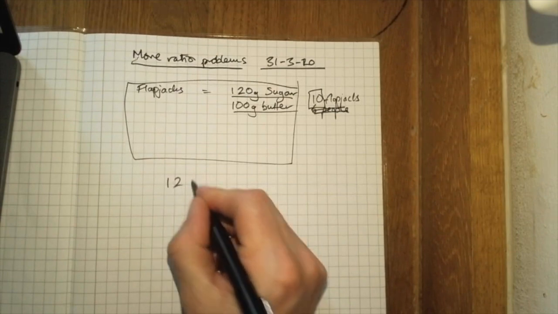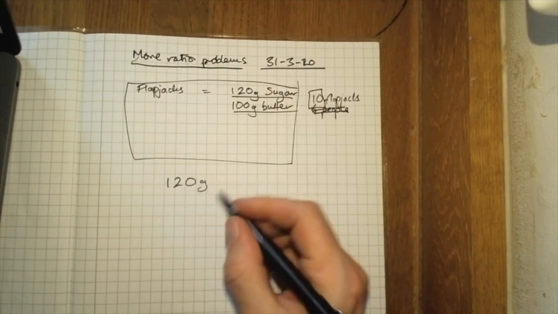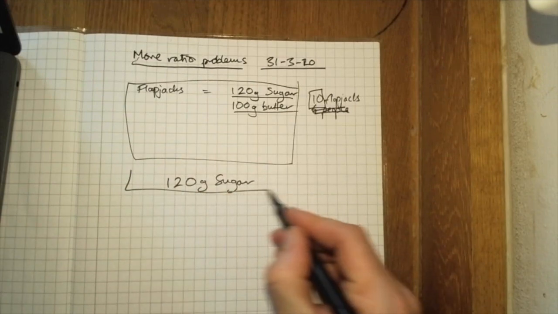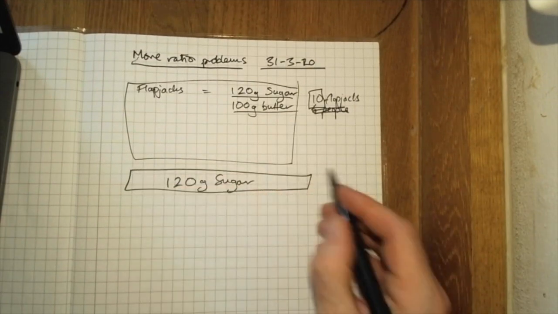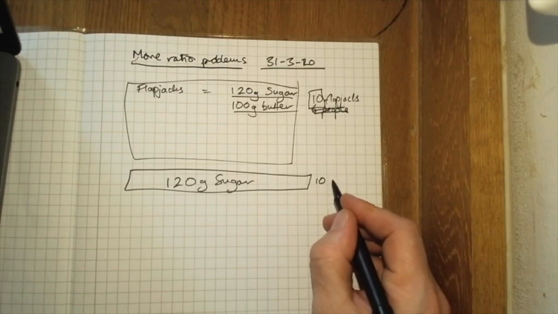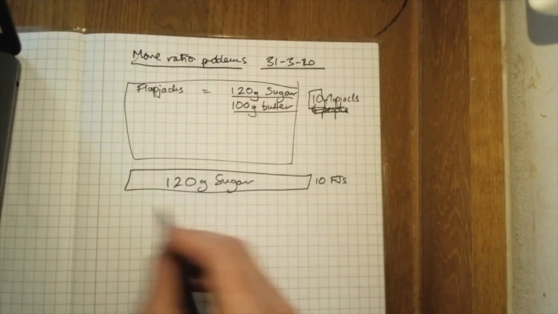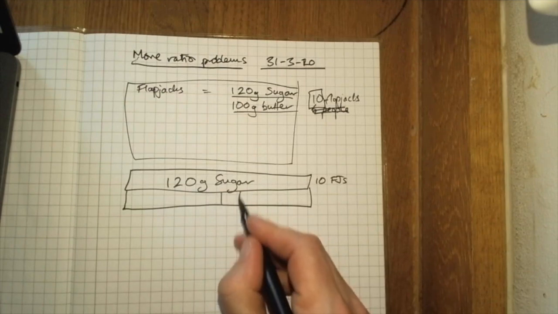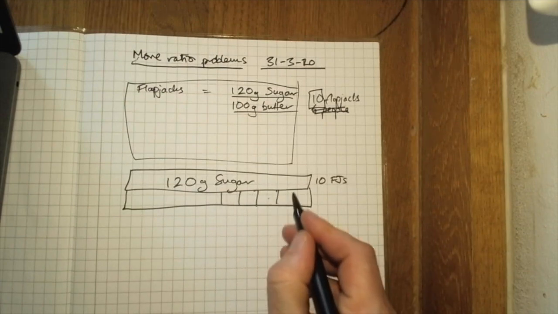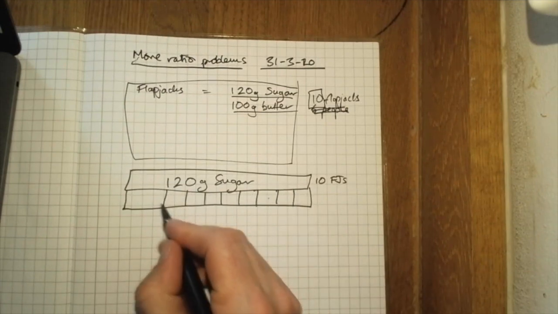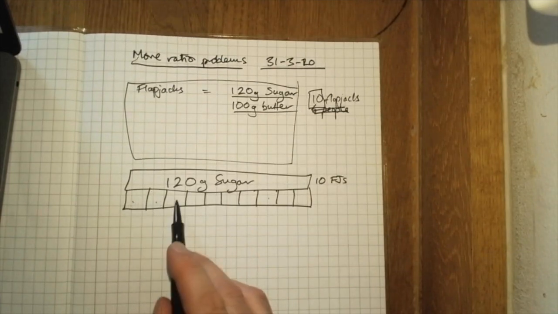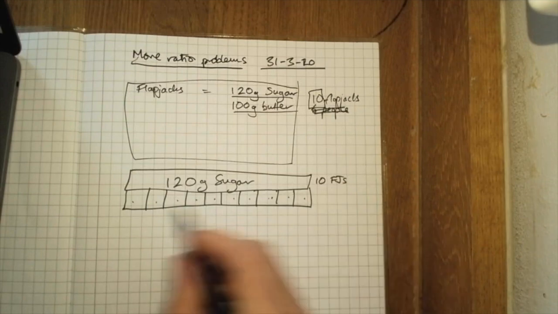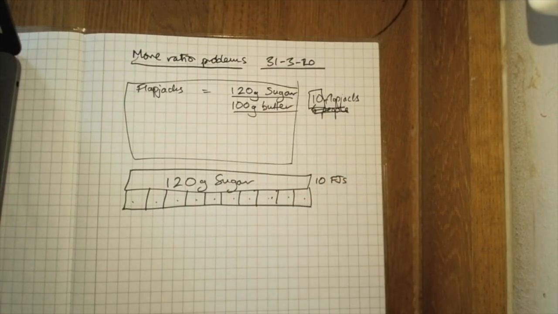So 120 grams of sugar makes 10 FJs. So each of these would be 1, 2, 3, 4, 5, 6, 7, 8, 9, 10 flapjacks. So each of these would represent 1 flapjack.